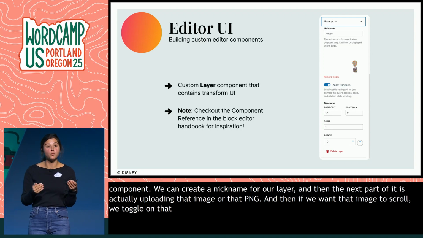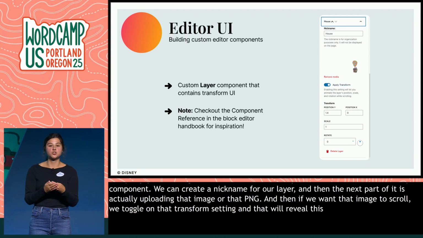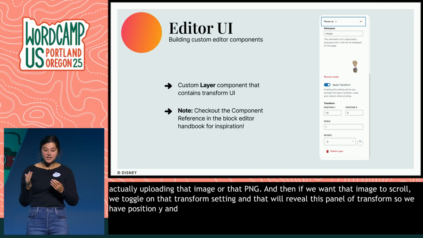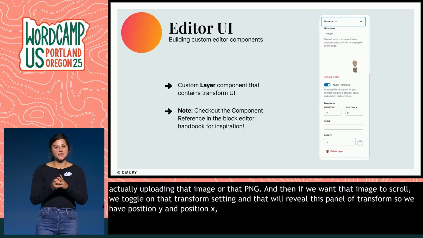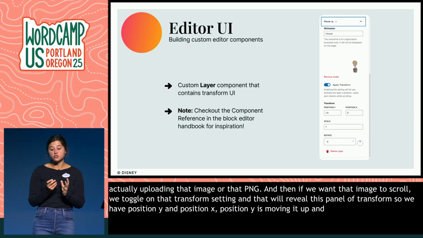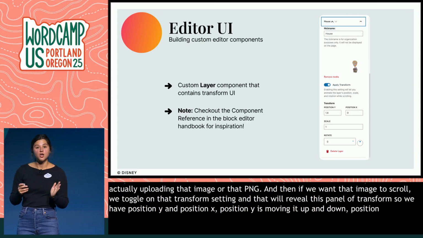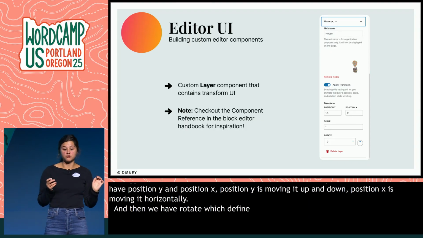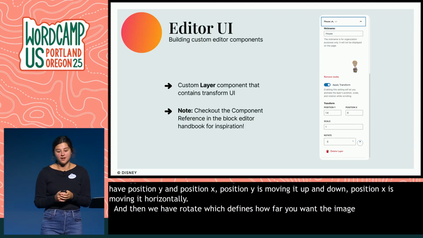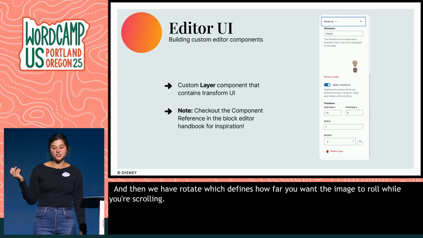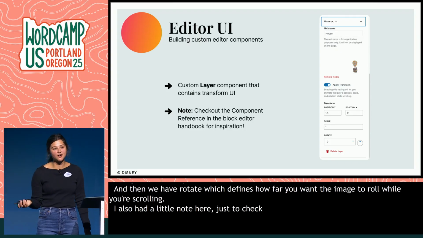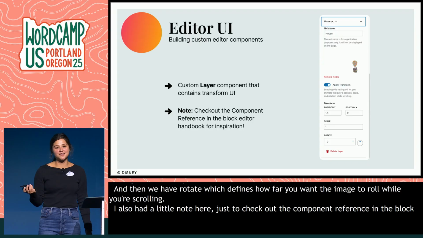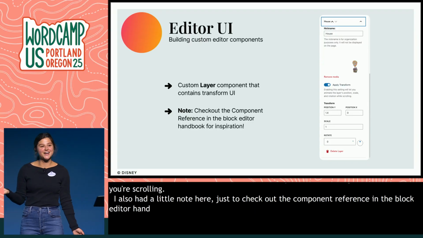So we have position Y and position X. Position Y is moving the image up and down. Position X is moving it horizontally. We've got scale, which can scale an image up or down while you're scrolling. And then we have rotate, which defines how far you want the image to roll while you're scrolling. I also had a little note here just to check out the component reference in the block editor handbook for inspiration, because they're always coming out with such fun things in there.